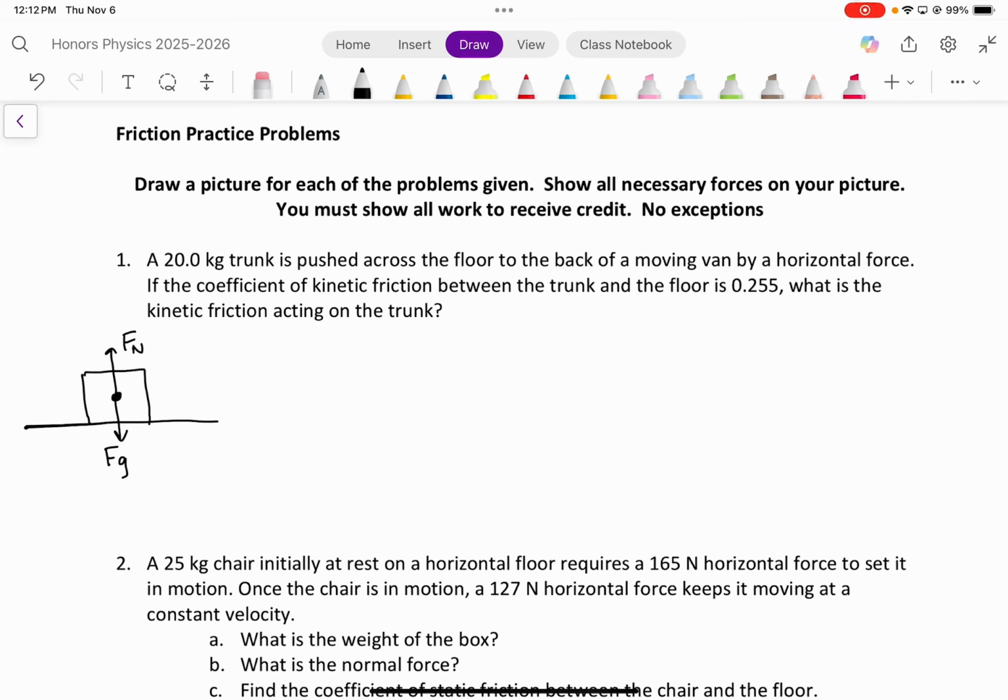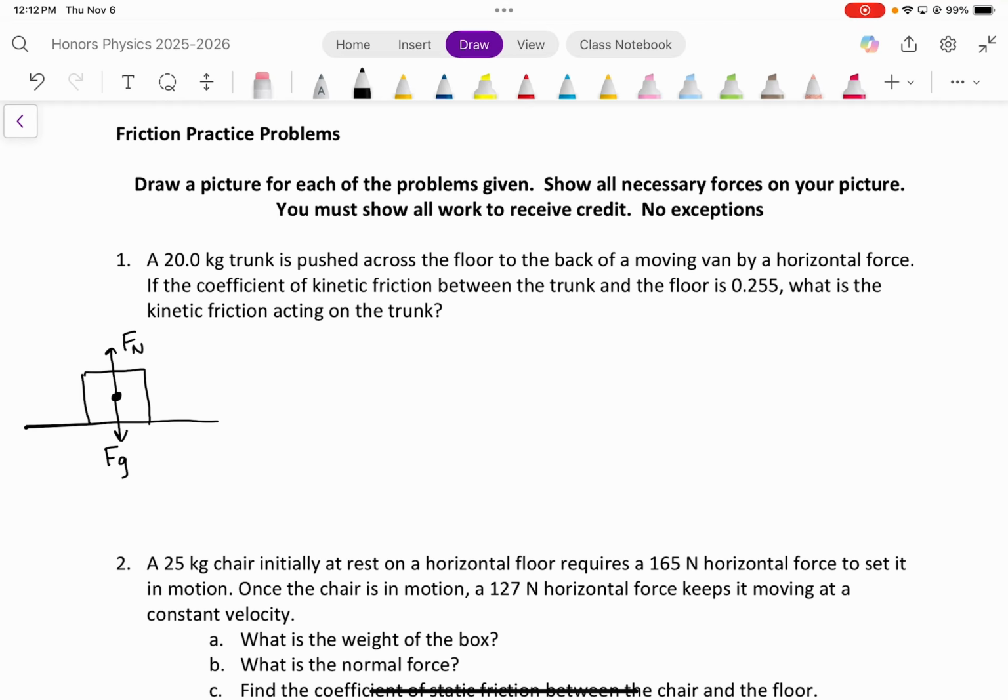Okay. Friction. So Carter says thrust. Thrust is probably not the best term to use here because thrust typically involves air. So like a rocket engine or a jet engine has thrust, but we could call it an applied force, or we could call it F push, something like that.